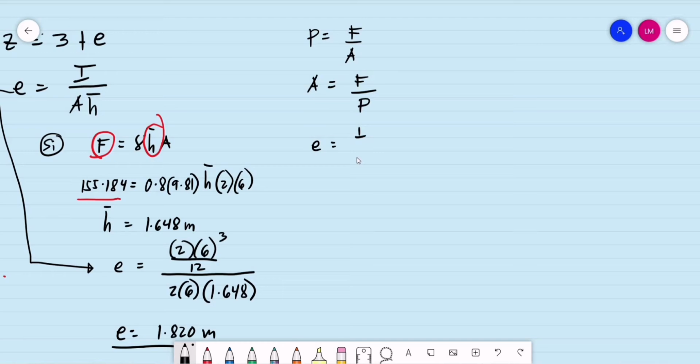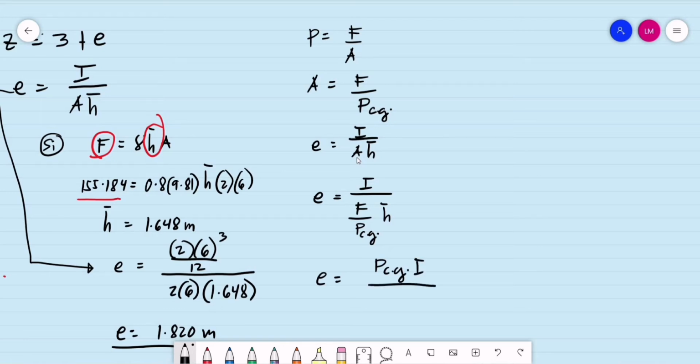Eccentricity is equal to the moment of inertia divided by the area times bar H. So we have E is equal to yung moment of inertia divided by area is the force divided by the pressure. Yung pressure na to, i-assume natin na pressure on the center of gravity, multiplied by the bar H. So we'll be having the eccentricity is now equal to pressure on the center of gravity multiplied by the moment of inertia divided by the force times the bar H.